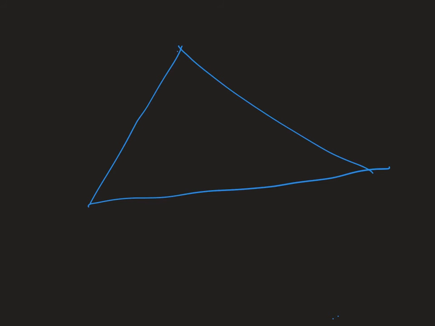All right, so I am recording, and now we're going to be finding the area of a triangle. I'm going to redraw a triangle here. All right, so what is the formula for a triangle? Yep, area equals base times height divided by 2.